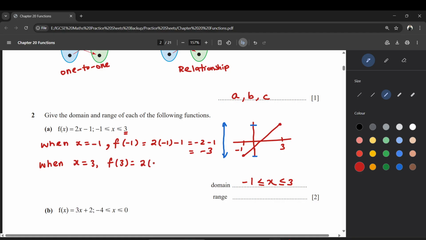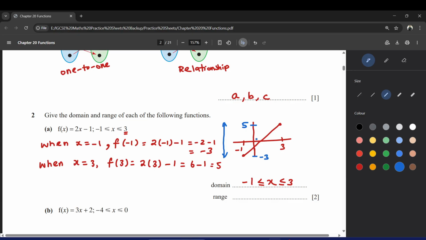So that would be 2 times 3 minus 1. So instead of x, now I'm plugging in the value of 3. So this becomes 2 times 3 is 6, minus 1, that is equal to 5. So here we have found out that when x is equal to 3, this is 5. And when x is equal to minus 1, this is minus 3.